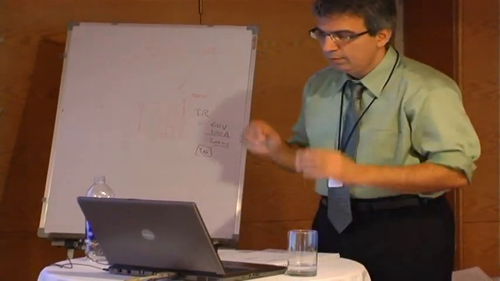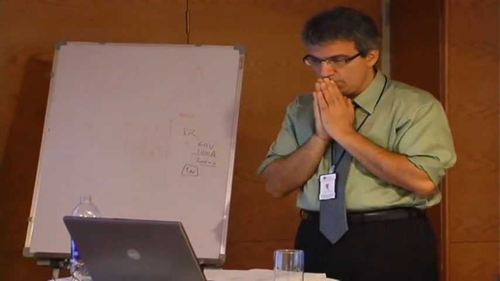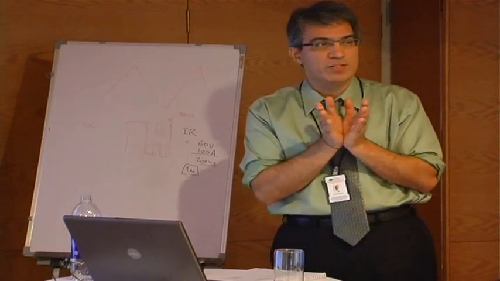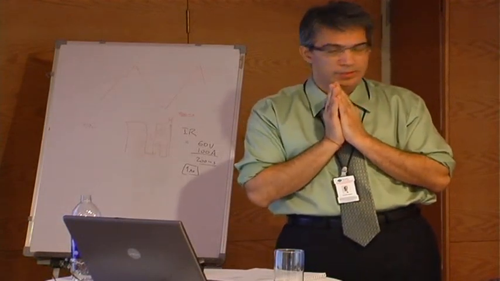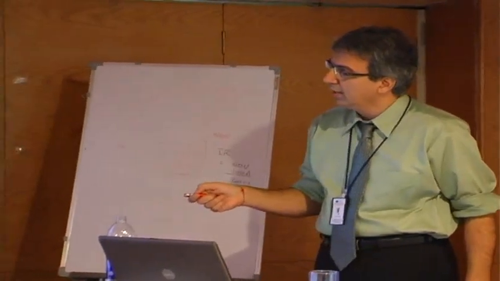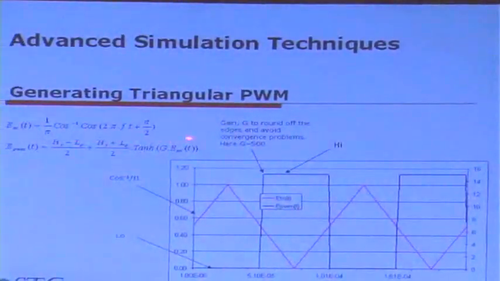The way this PWM is generated is that we're taking a cosine function, and then we're doing a cos inverse times 1 by pi. That's how we generate the triangle.